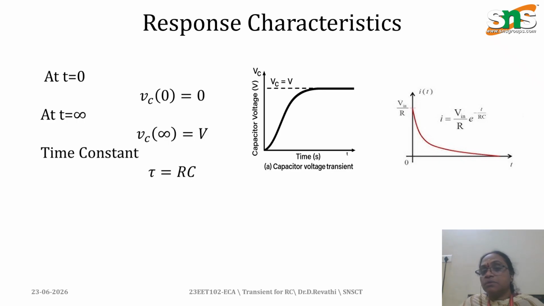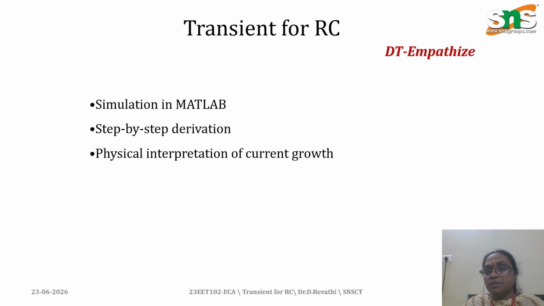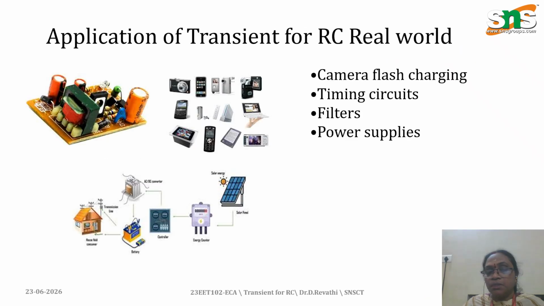So this diagram shows the behavior at t equals 0 and t equals infinity. At t equals infinity, the capacitor is fully charged and the circuit comes under the steady state.